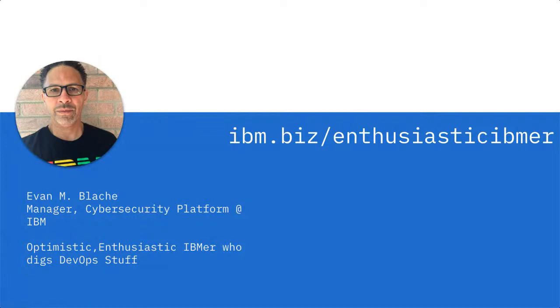Good afternoon, good morning, good evening, wherever you are joining from. Thanks for being with us. My name is Evan Blash, or Blache, if you're from the bougie side of my family. I work in the IBM CISO business unit. I am in Austin, and I'm originally from New Orleans, so shout out to anybody from the boot. My pronouns are he, him. And a quirk about me, I love to play sports.